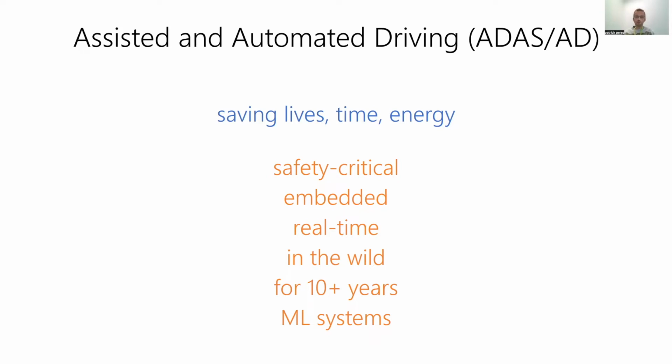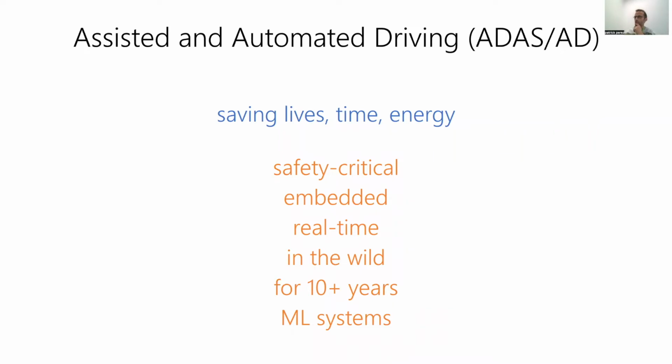These systems obviously are deployed in the wild, in the open world, interacting with other road users, and these technologies, these objects, are in the wild for long time periods. They are not like mobile phones. They are on the roads for 10 to 20 years. So all these constraints put together make the promises of autonomous driving very hard to deliver. So this is good for research, not always so good for business.